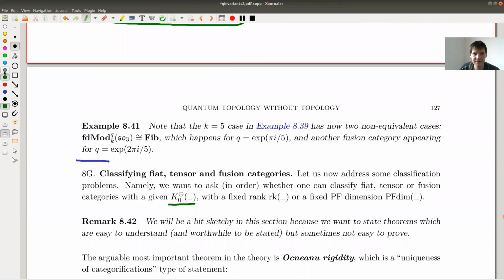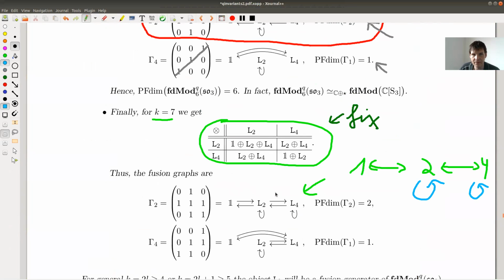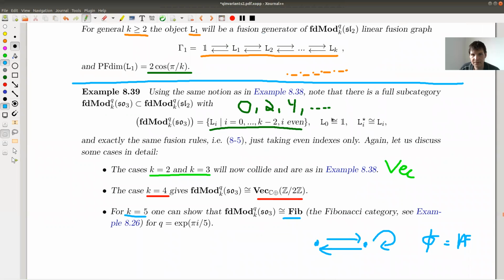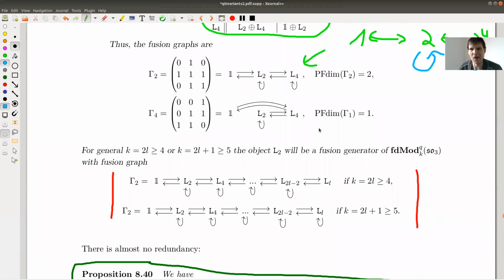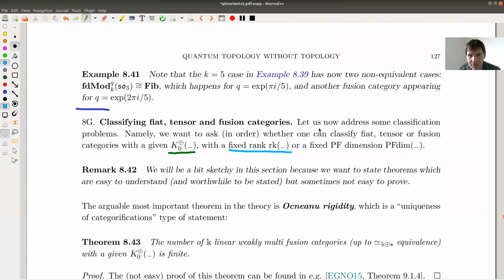You can fix just the number of simple modules. So that's more like classifying groups with the same order, like all groups of order 12, whatever. Or you can fix the PF dimension.